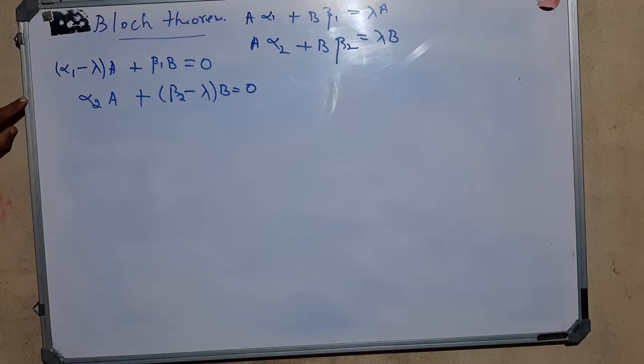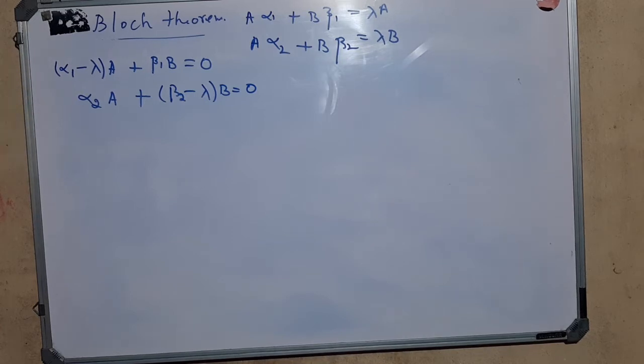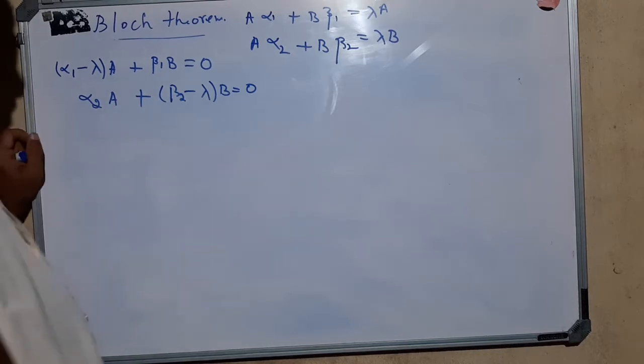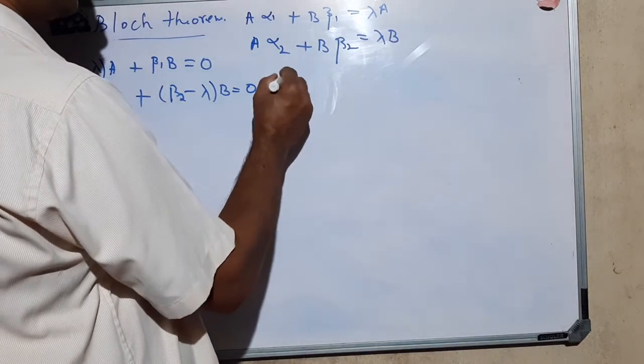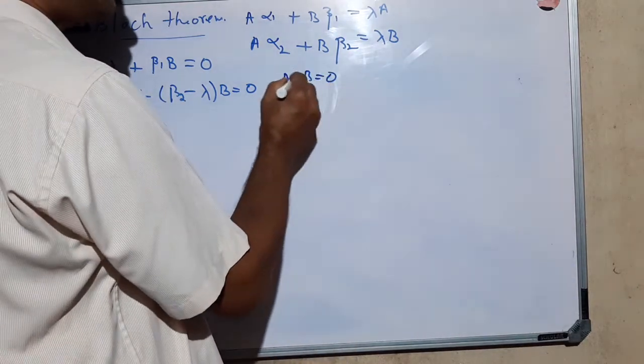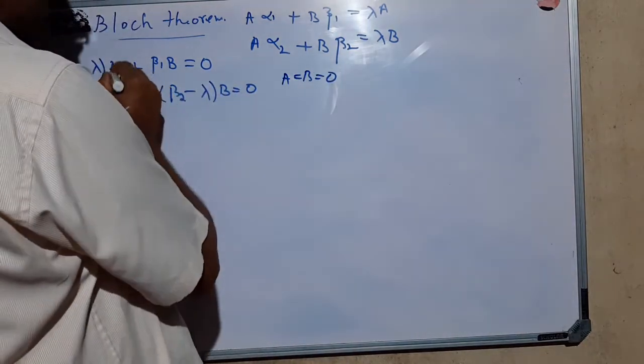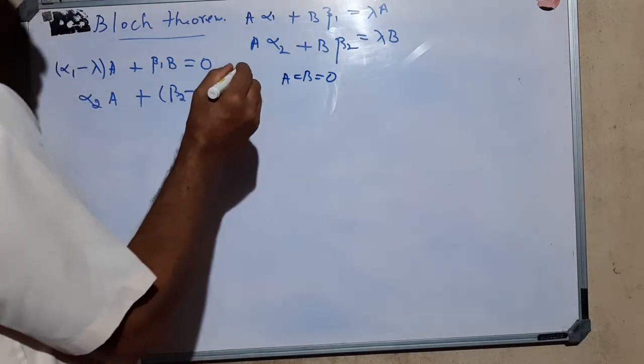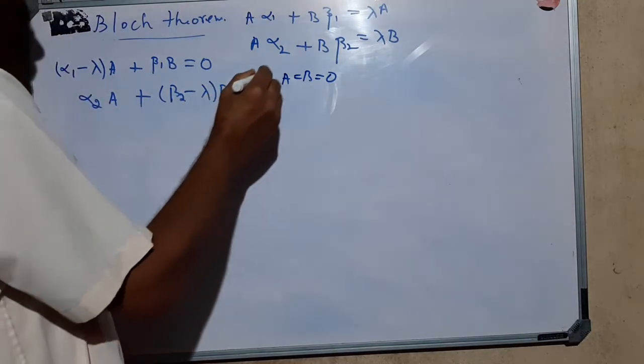Now, these are linear equations. For solutions other than a equal to b equal to 0, that means non-vanishing solutions for a and b, what is the condition?